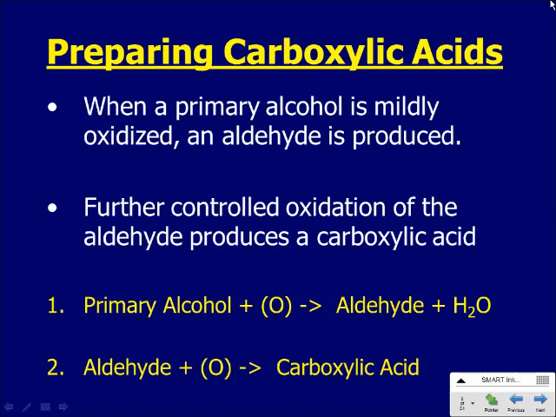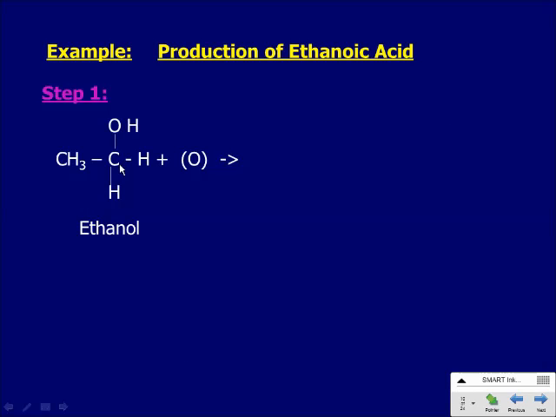And that's all we need to do. We need to take that aldehyde, again do another controlled oxidation, and turn it from the aldehyde now into the carboxylic acid. I'm showing this as a series of reactions because many of the problems that an organic chemist has to deal with is multiple step reactions. So we're going to do this as a multiple step reaction.